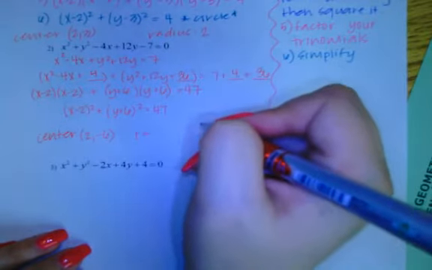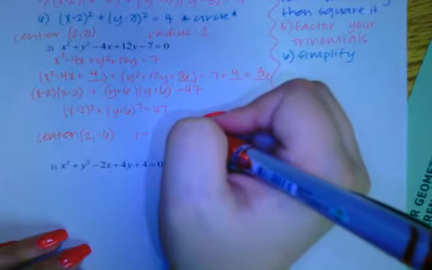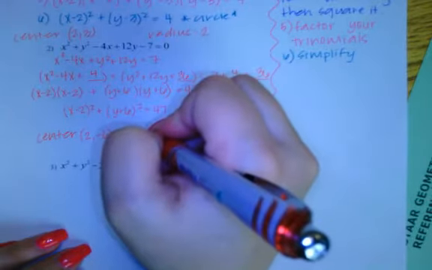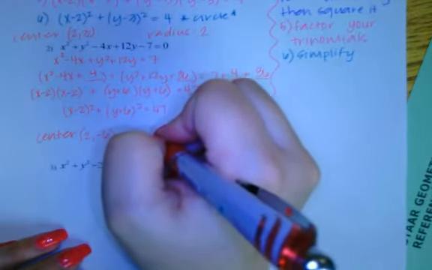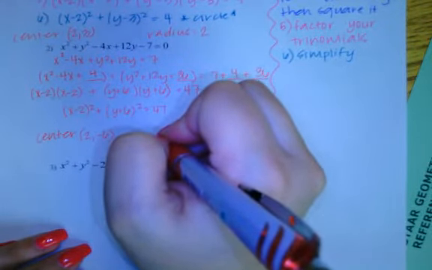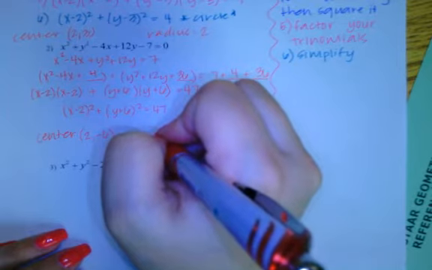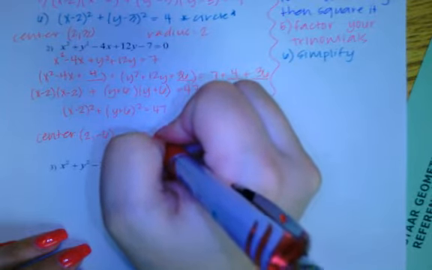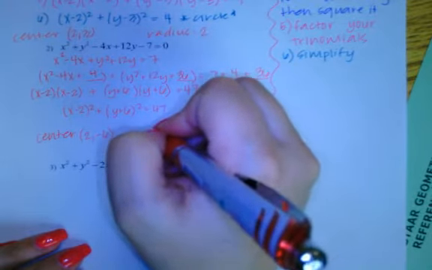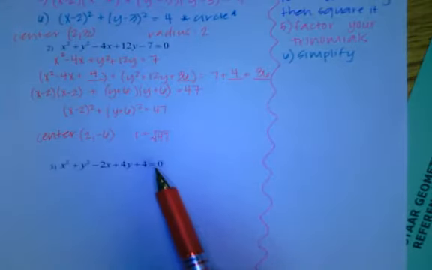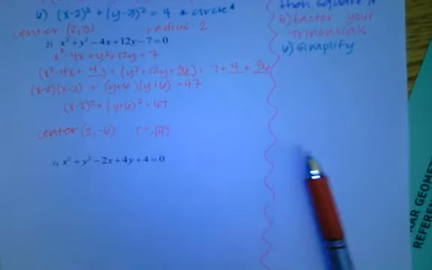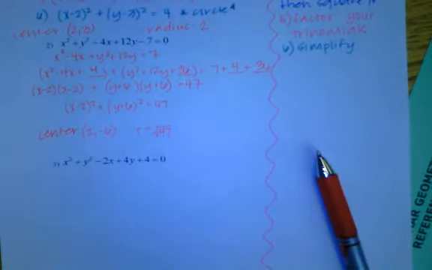Don't give me a decimal. You would put a square root around it. Again, because that's not a perfect square and it can't be simplified, you just leave it as radical 47.